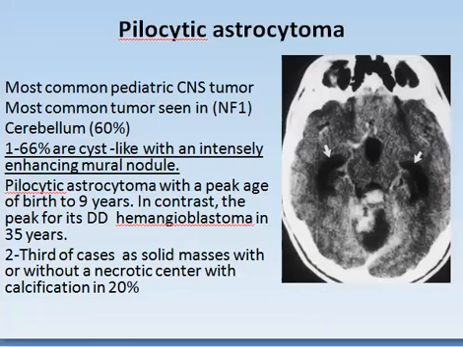Astrocytoma has the rule of 66, or two-thirds, in the cerebellum, 2/3 are cysts, and 1/3 is solid. 2/3 are cysts with a nodule in children. So if you have a cyst with an intensely enhancing nodule in children, at an age of about 9 years, this is characteristic of astrocytoma.